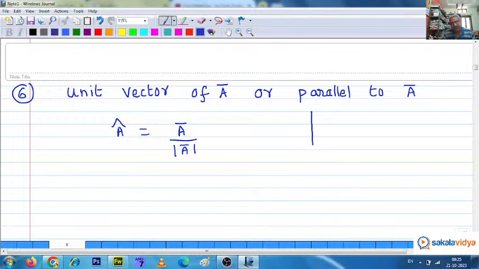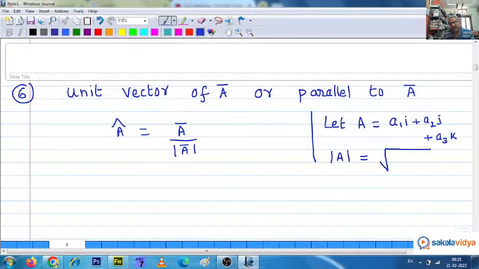For example, let us say A is equal to A1i plus A2j plus A3k. The modulus of A is root over A1 square plus A2 square plus A3 square.